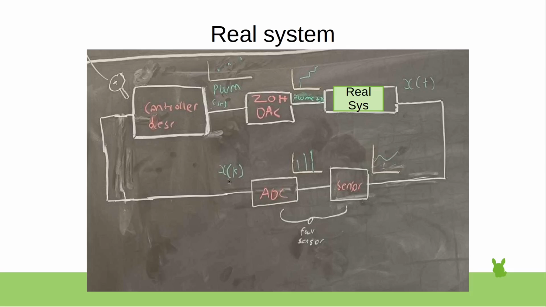So essentially the output is now discretized, so it has a K symbol here instead of a T, and it goes into the controller. And depending on your actuator, so what moves the system, what changes it, you might want to also make your output signal from the controller analog as well.